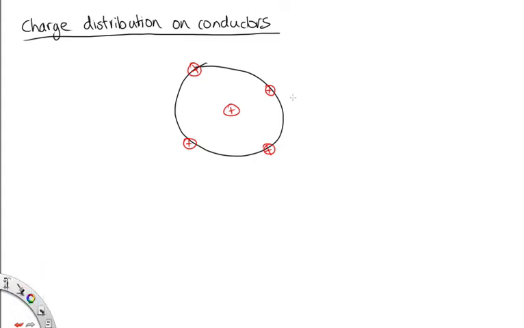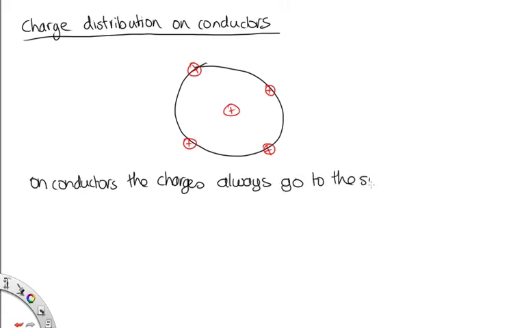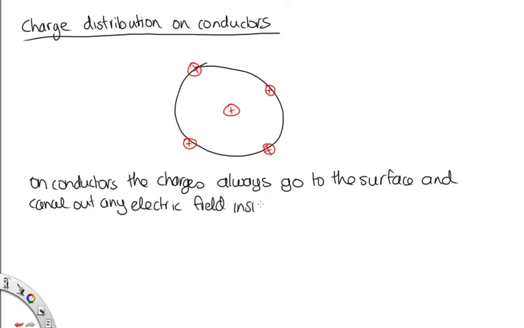So this actually always happens on conductors. On conductors, the charges always go to the surface and cancel out any electric field inside the conductor.